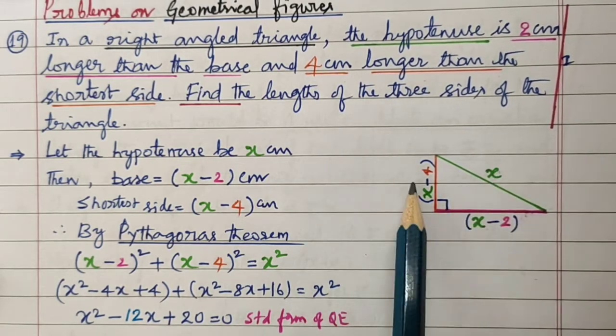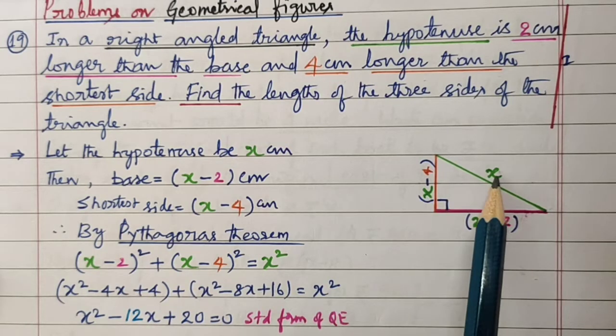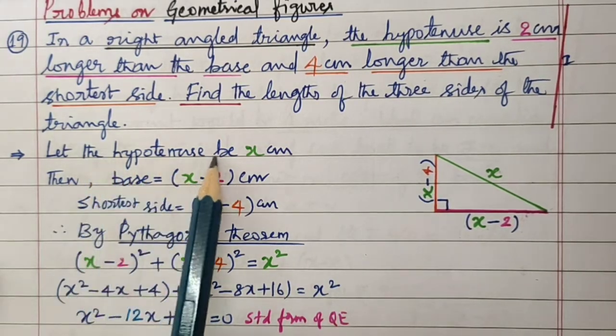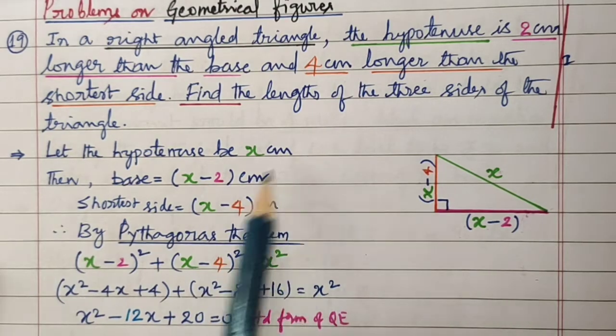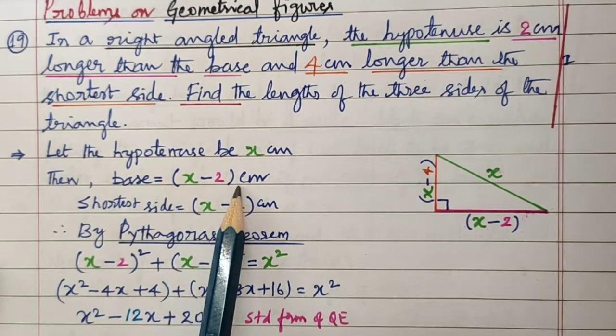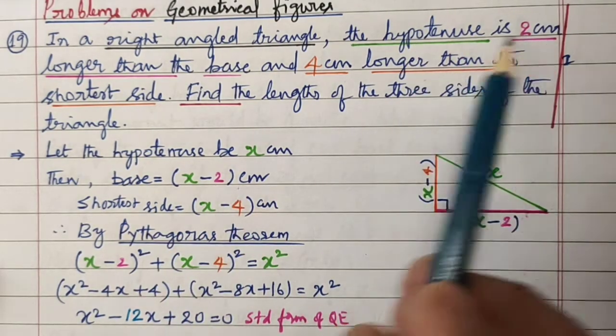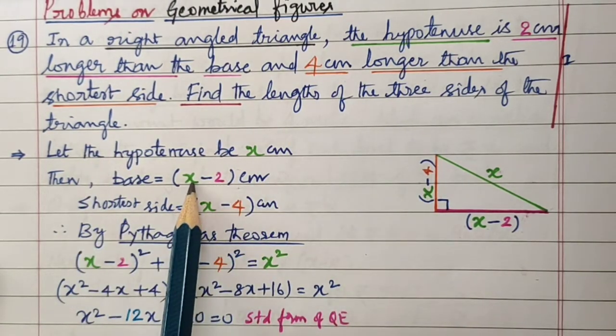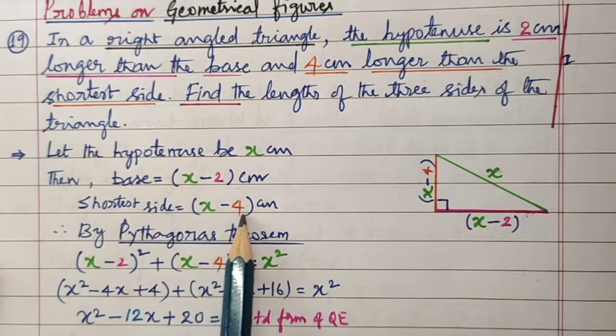Let the hypotenuse be x centimeters, then the base is going to be x minus 2, because the hypotenuse is 2 centimeters larger than the base. The shorter side is x minus 4 centimeters.